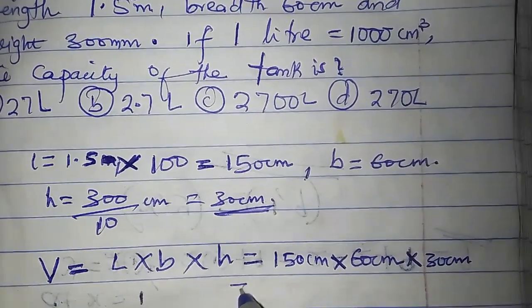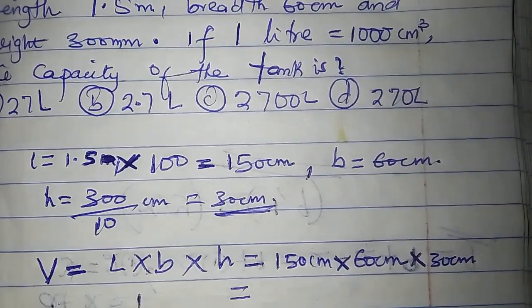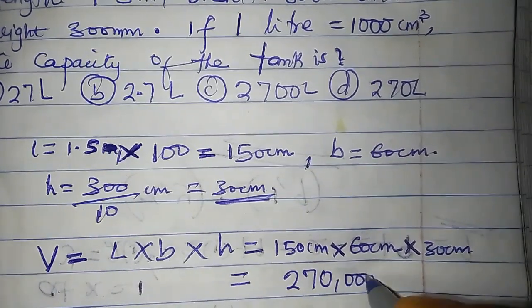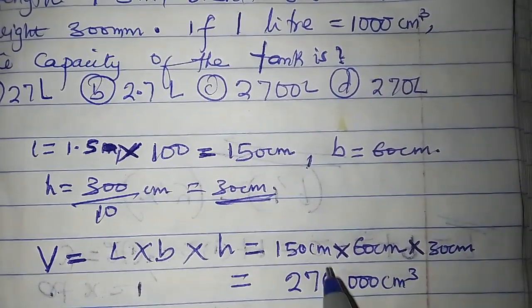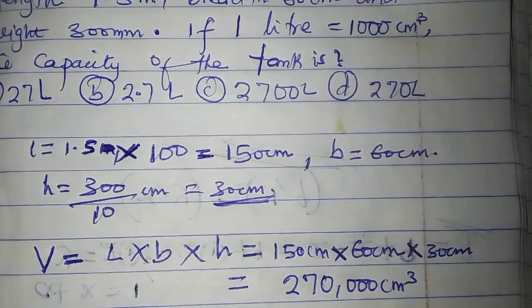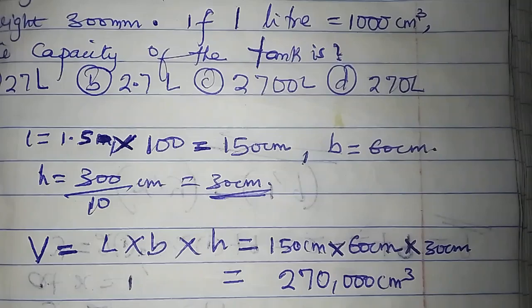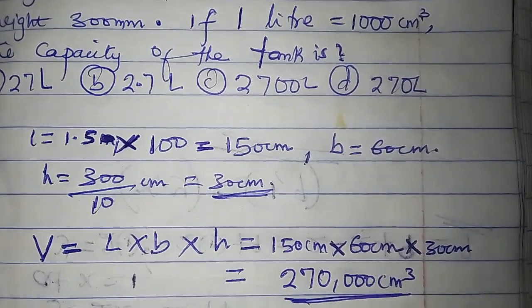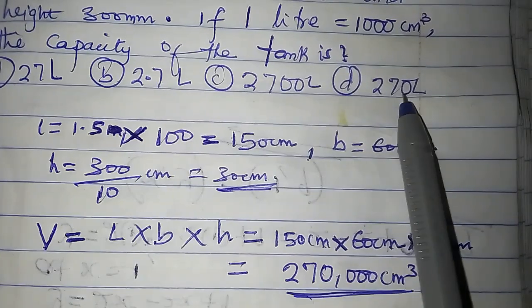So if I multiply this together, what will it produce? 270,000 centimeter cube, that's centimeter to the power of 3. Okay, now it's simple. This is the volume of the tank in centimeter cube. The options we are given are in liters.